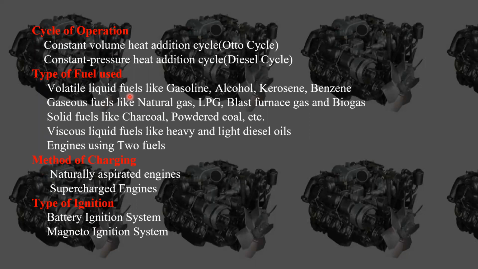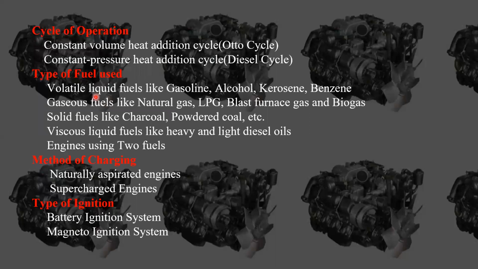That means the engine specification and manufacturing shouldn't be the same if we want to change the fuel. Keep in mind that we use volatile liquid fuels for SI engines, but the engine specification should be very specific. We shouldn't use the same engine for two fuels.